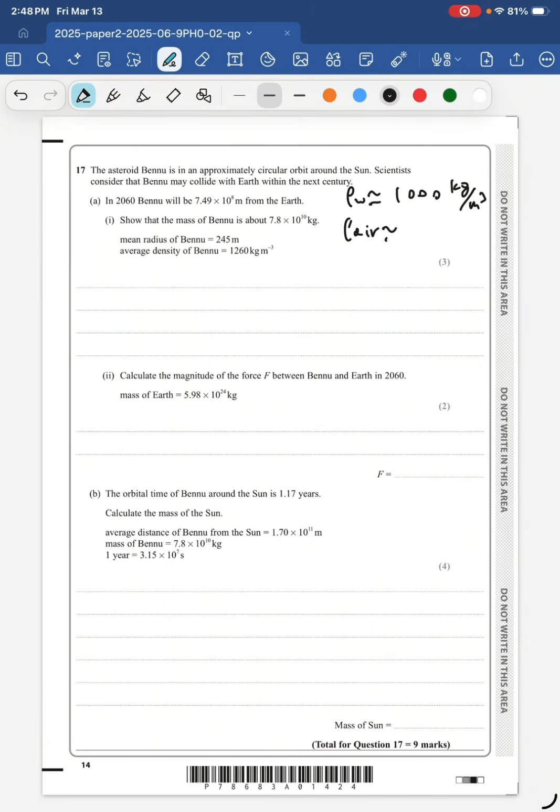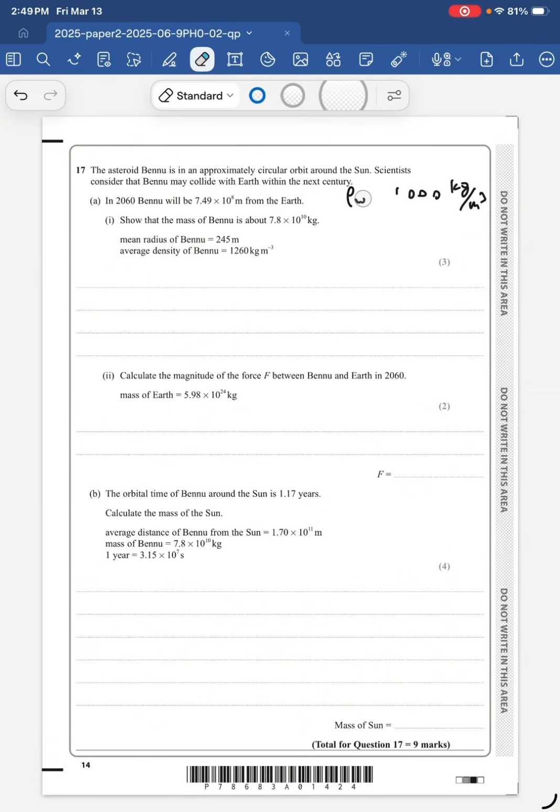The density of air is just 1 kilogram per cubic meter, but the density of stone is maybe 6,000 kilograms per cubic meter. So this tells you that it's probably mostly water.